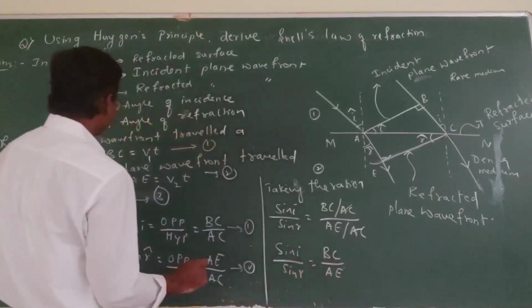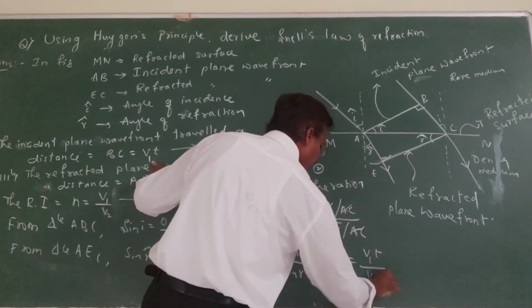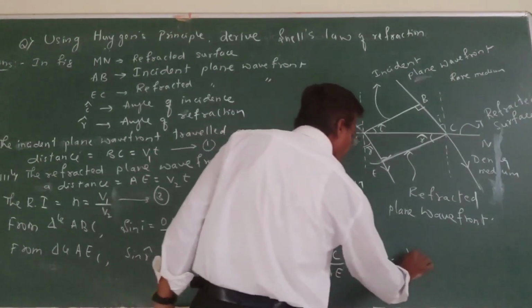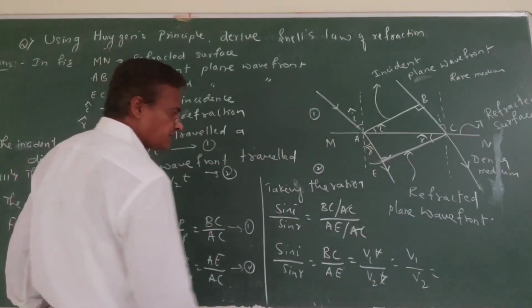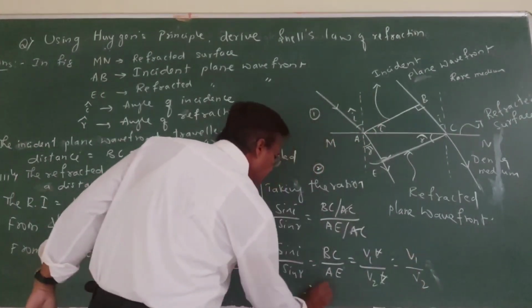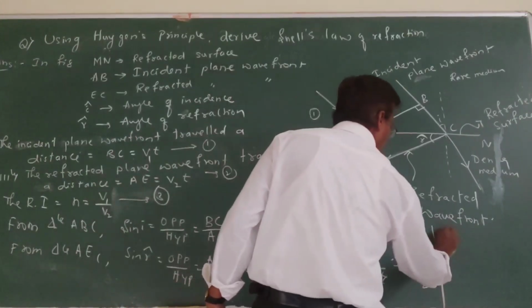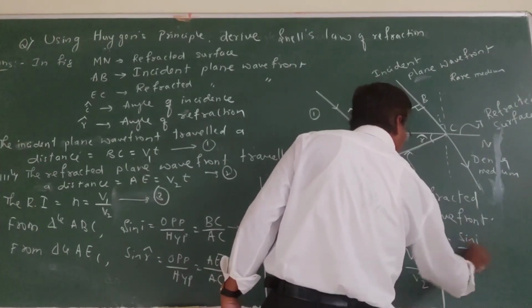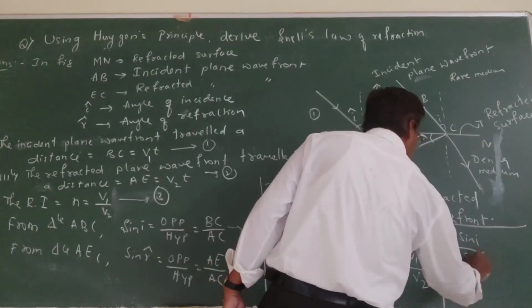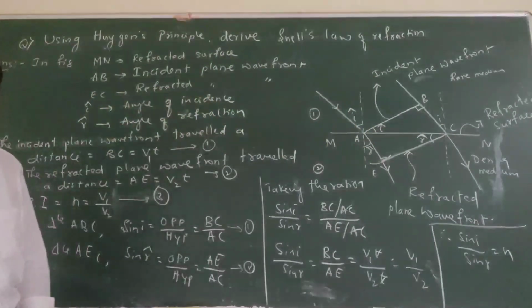BC value is V1 into T divided by V2 into T. T gets cancelled. This is V1 by V2, which is the refractive index, that is N. So therefore sin I by sin R equal to N. So this is the derivation.